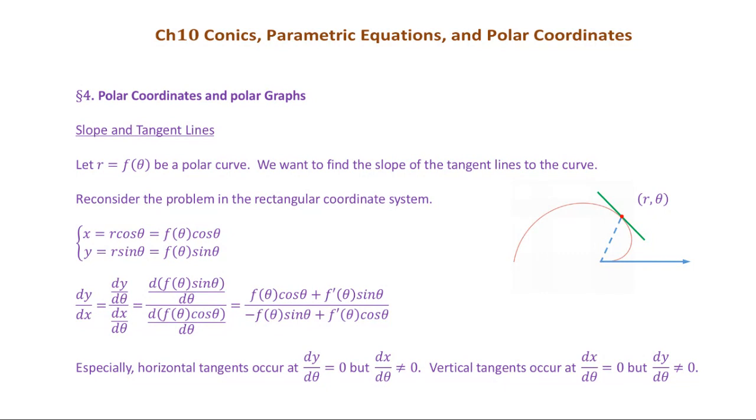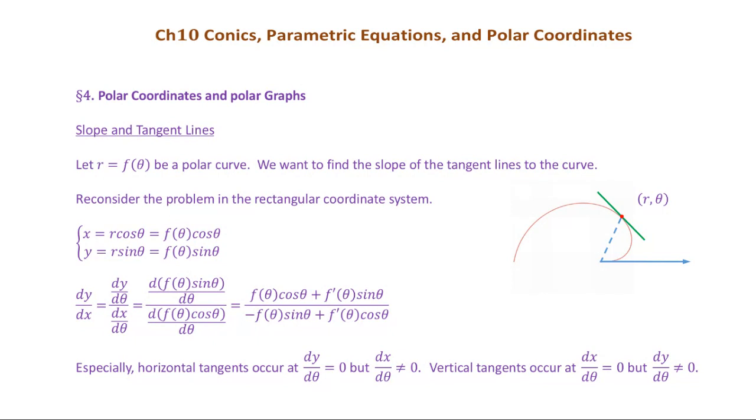So we take the derivative of y with respect to theta divided by the derivative of x with respect to theta, because in this case x and y are both functions of theta, the parameter. You can review the part we did before for parametric equations. Then use y equal to f theta times sine theta and x equal to f theta times cosine theta.